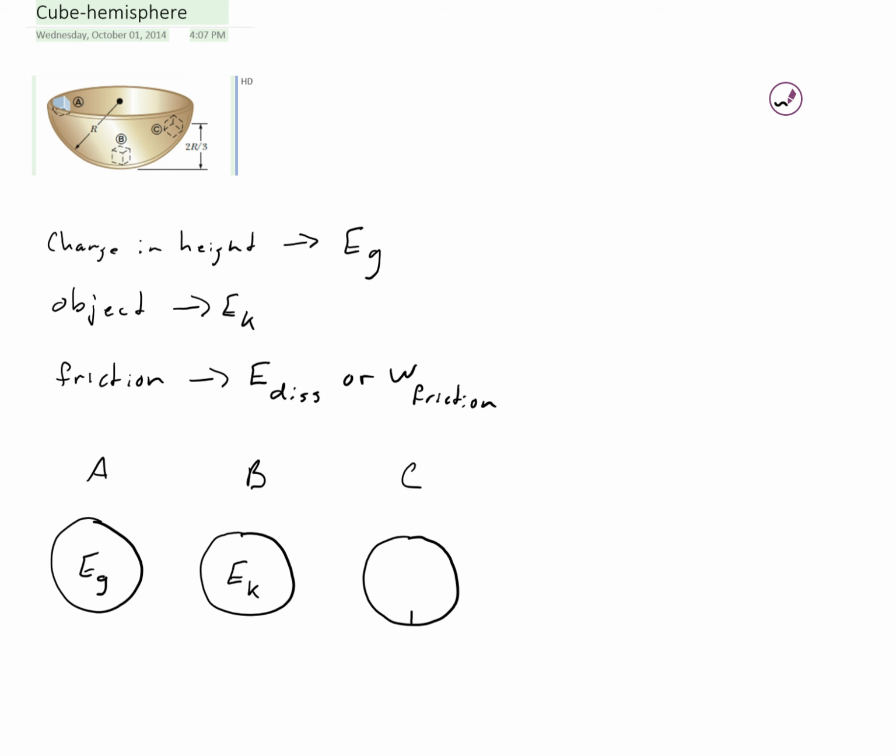And then at C, we're back at its maximum height again, but it's not the same height because some of the energy now is stored as dissipated. So we have gravitational again, but we have some energy stored as dissipated. In this case, the question could be, calculate the coefficient of friction.